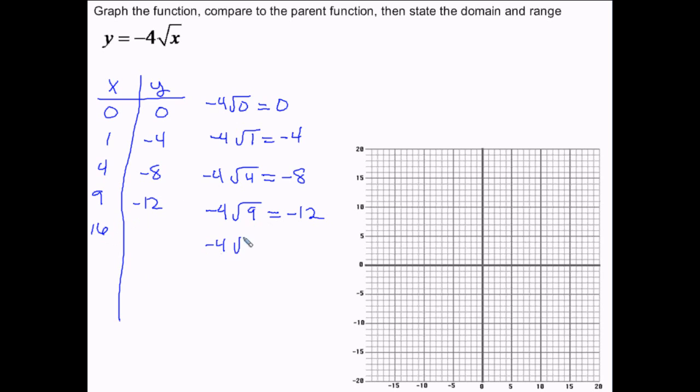Negative 4 times the square root of 16 is negative 16. Plot those points: 1, negative 4, 4, negative 8, 9, negative 12, and 16, negative 16.